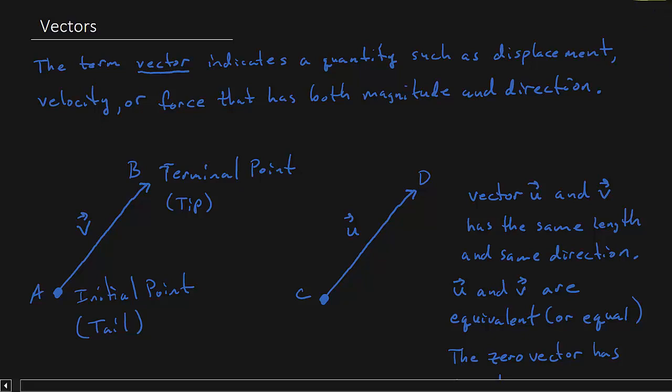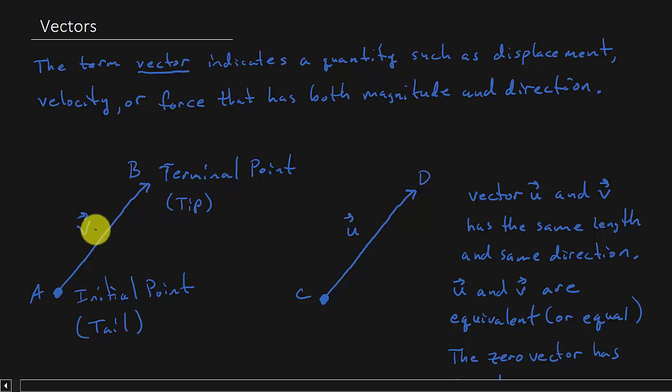Here we have two vectors, vector v and vector u. Now, a vector has an initial point called the tail, and a terminal point, which we can call the tip.